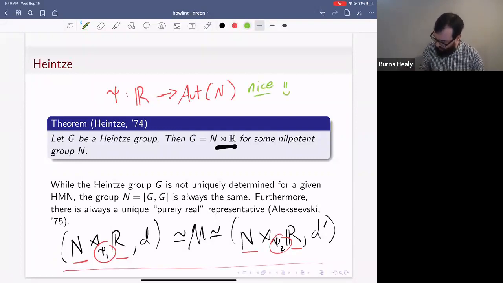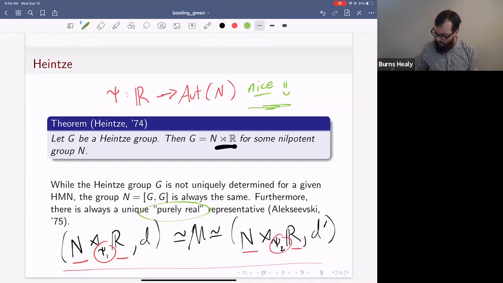Purely real is just referring to the generalized eigenvalues. I will get into what that means in a little bit, but you can just say there's a particularly nice representative of this isometry class, essentially.